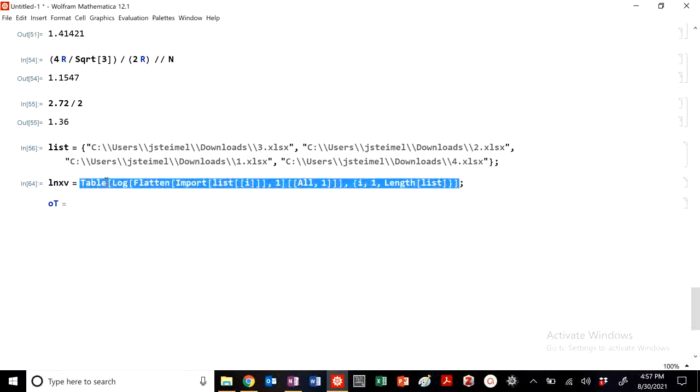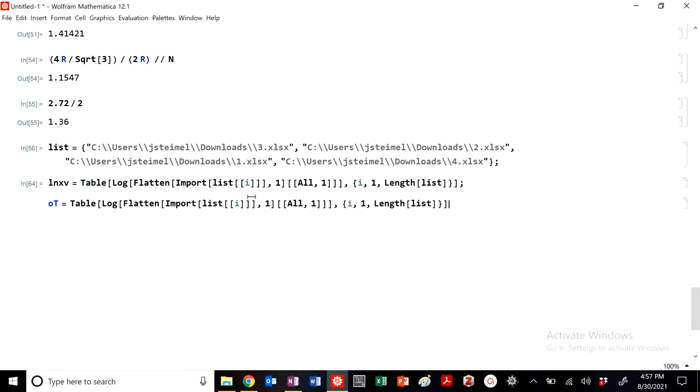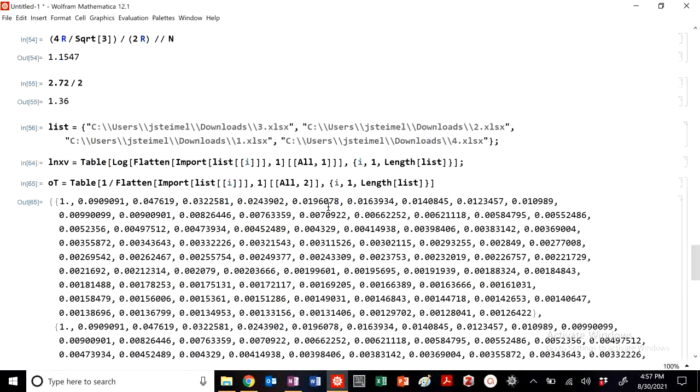Copy this, except I'm going to take the second element, and instead of log, I'm just going to do 1 divided by. Should work. All right, that should be good.